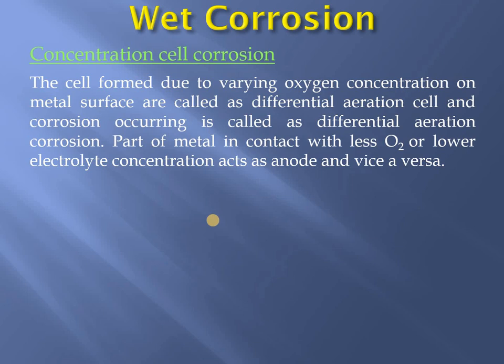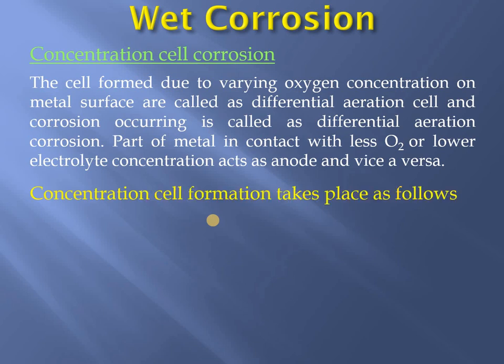Here the same metal surface comes in contact with an electrolytic solution which has a difference in the concentration of either oxygen or electrolyte, and the part of the metal in contact with a lower concentration of oxygen or lower concentration of the electrolyte acts as anode, while the part of the metal which is in contact with a high concentration of oxygen or high concentration of electrolyte will act as a cathode. And as we know, always the anodic part of the metal undergoes corrosion.